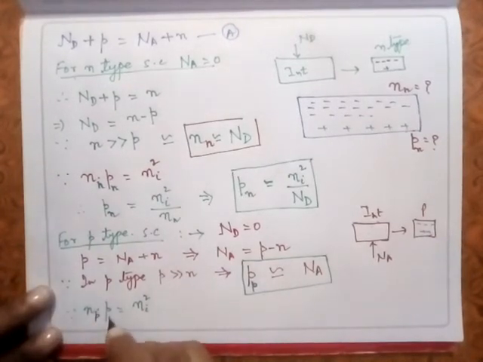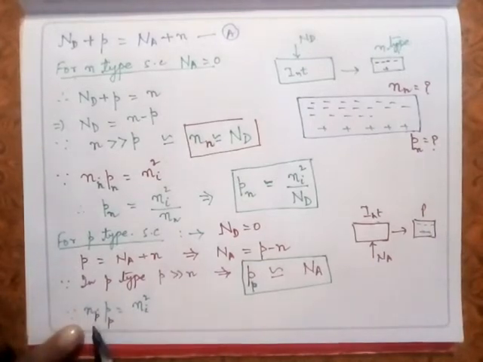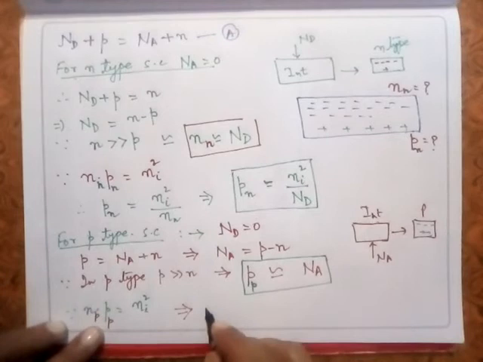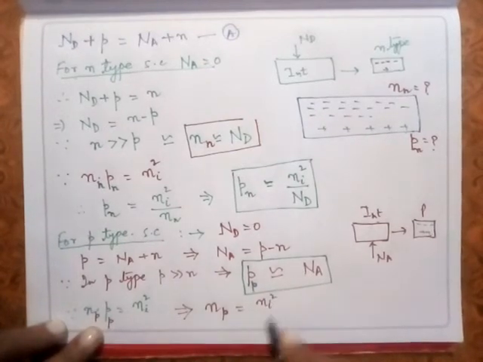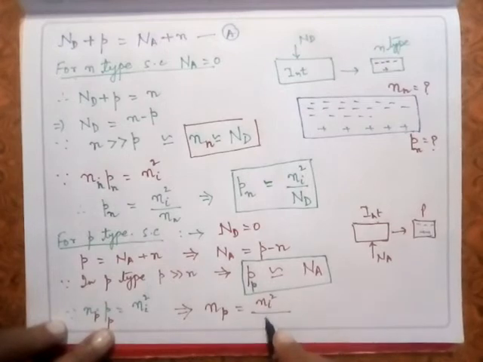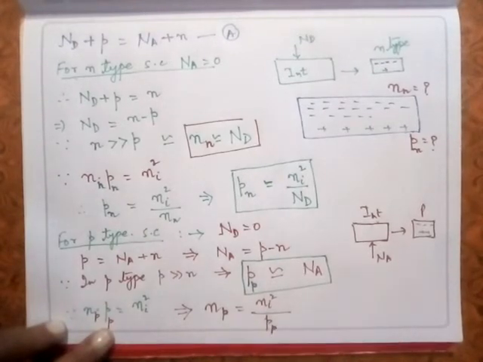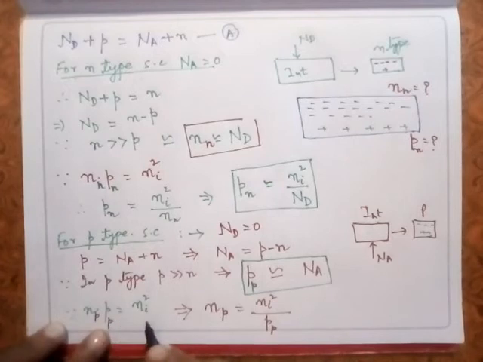So n_p times p_p, the number of electrons and holes in p-type semiconductor per unit volume, is equal to ni squared. From here I can find the number of electrons in p-type semiconductor, which are minority charge carriers: it is equal to ni squared upon p_p.